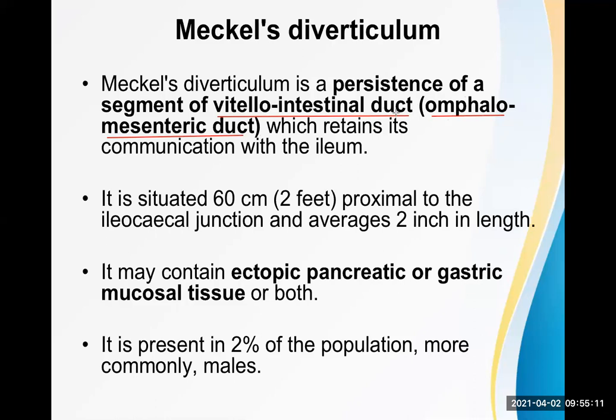So if it is larger than the expected one, then sometimes it communicates with the umbilicus. So the ileum communicates with the umbilicus, and in rare cases of vitello-intestinal duct, there may be a fistula formation between the ileum and the umbilicus, and it may discharge some content there as well, but that is very rare.